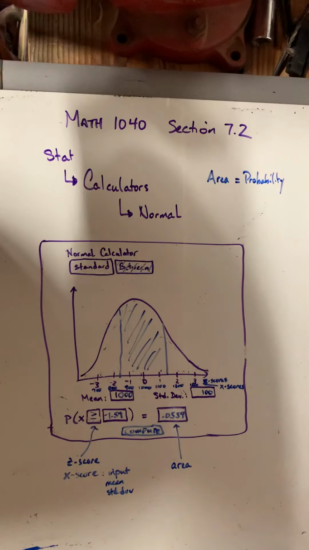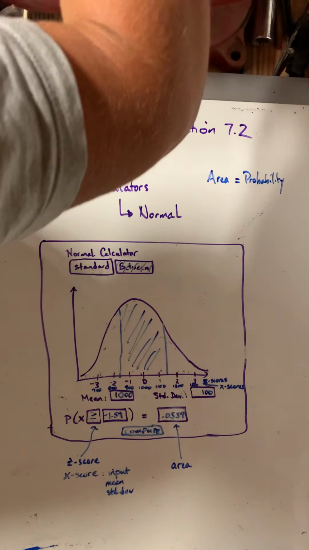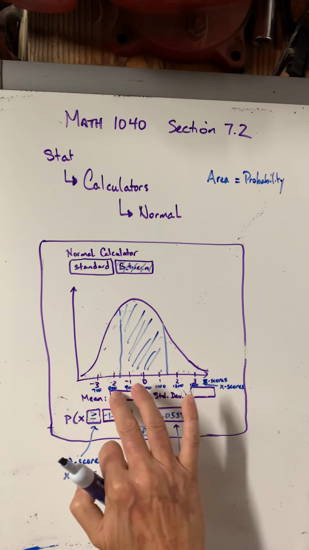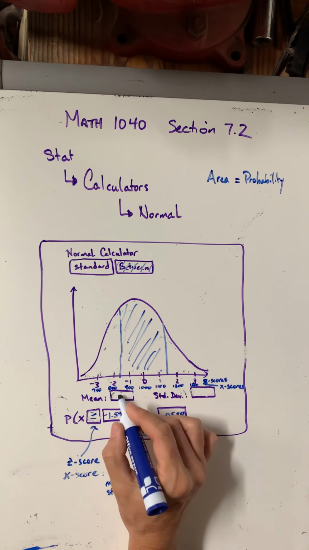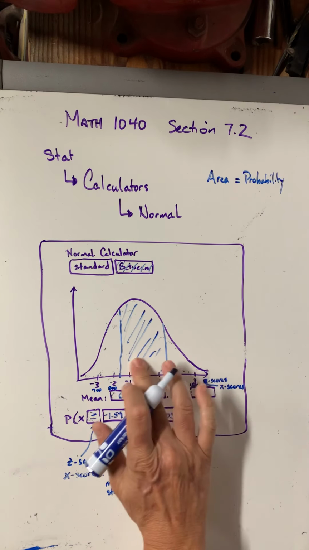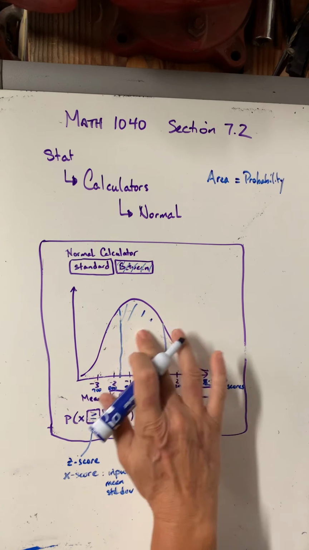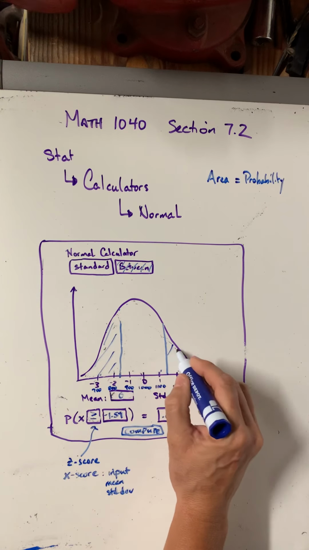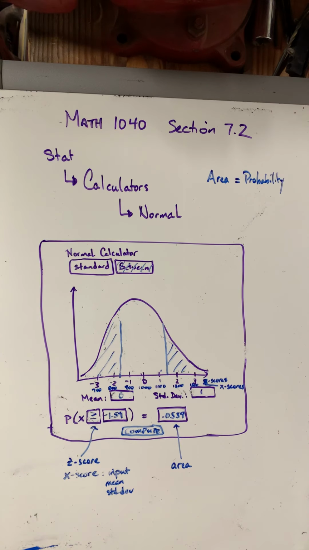Question 4 is interesting. We're still in z-scores, so we're still going to have a mean of 0 and a standard deviation of 1. But now what they want is, instead of the area being in between, they want the areas to the left and the right of your 2 z-scores.